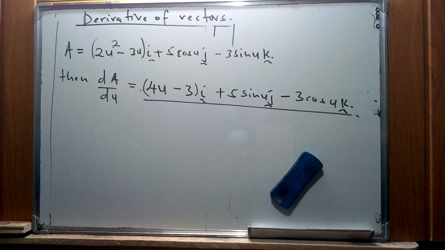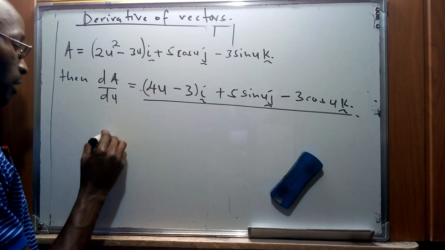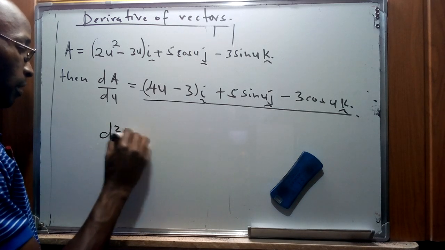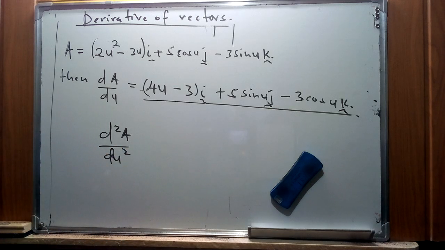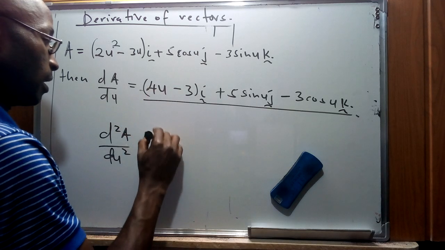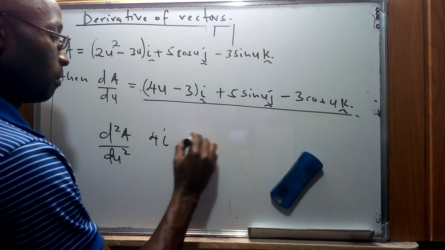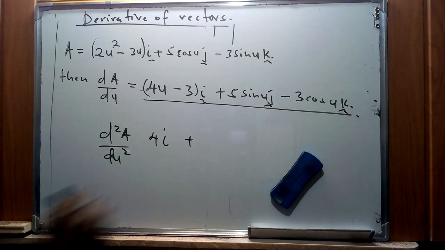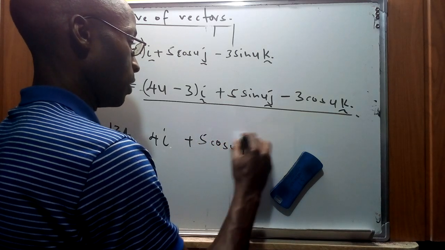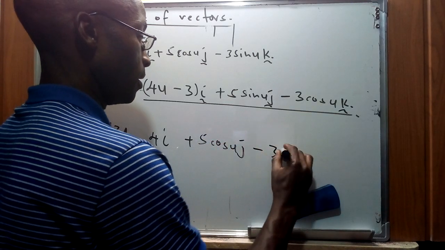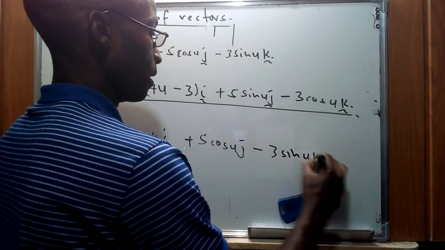So suppose we had a second derivative for this specific function, then we're going to have this one represented as 4i plus 5 times, this is going to change into, the cosine of u j minus 3 the sine of u k.